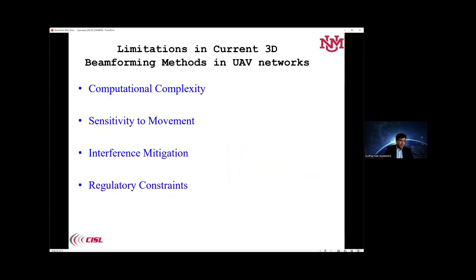So finally, some of the limitations in current 3D beamforming methods in UAV networks include the computational complexity, especially because UAVs have limited computational power and energy resources.